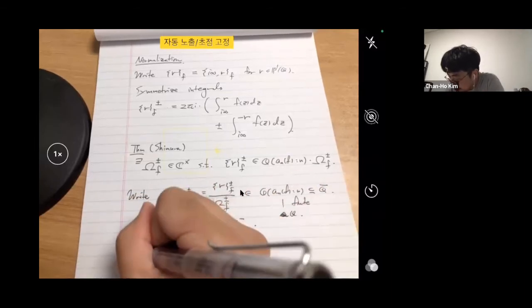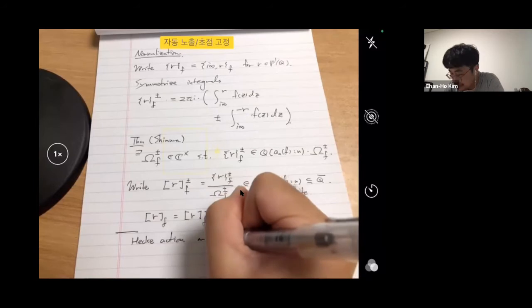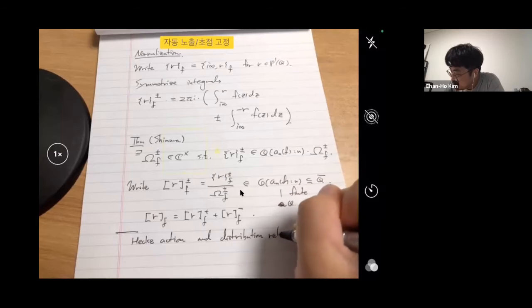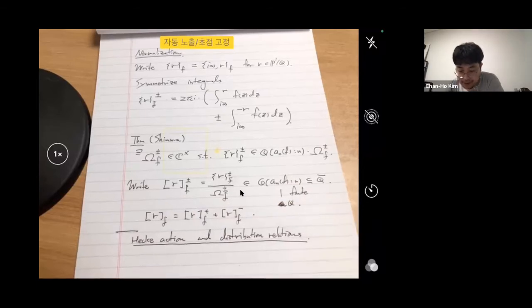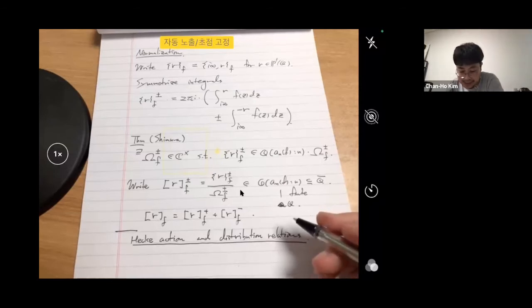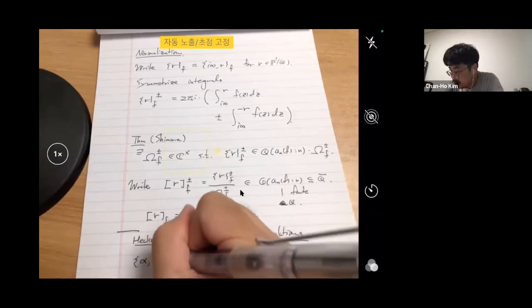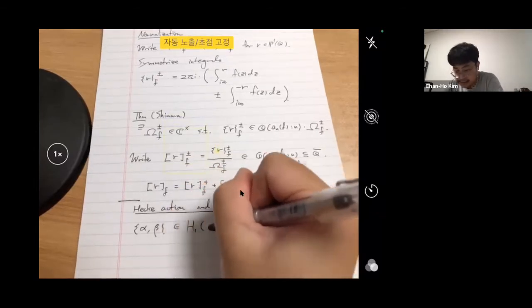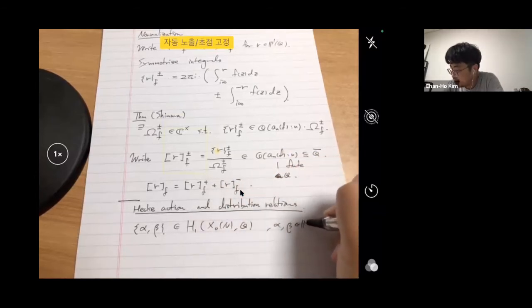Let me explain a little bit of the Hecke action and the distribution relation on the homology of modular curves. So I regard this {alpha to beta} as a cycle in the modular curve, and of course alpha and beta lie in the cusps.